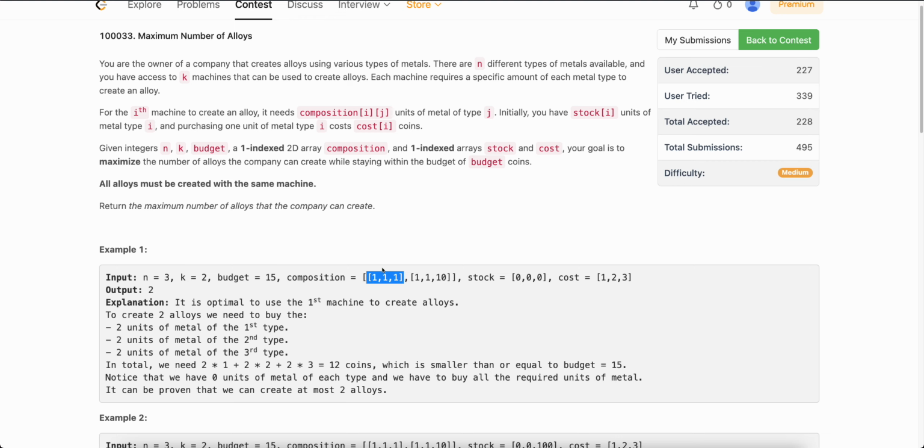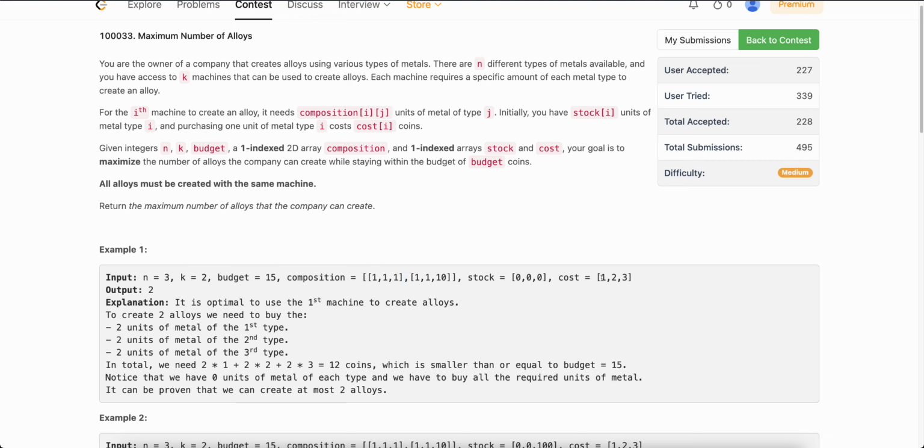Now if you create the alloy using this machine only, you have a total of 15 coins at hand. So what you can do is purchase 2 units of metal 1, 2 units of metal 2, 2 units of metal 3. So in total you have 2 units of each of the metals, and you will be able to create 2 alloys with the first machine with that particular configuration.